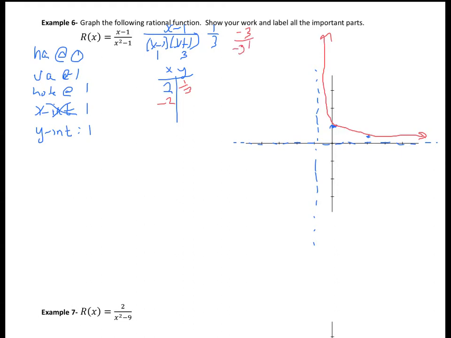And -2 plus 1 is -1. So what's my answer here? It is -1. So we're at -2 and -1. So it's right here, which means this one's going to look like this. And there we go. The first graph of a rational function. I'm so proud of you guys.